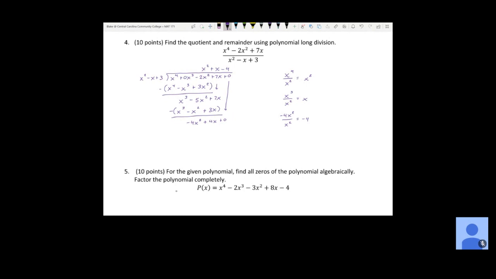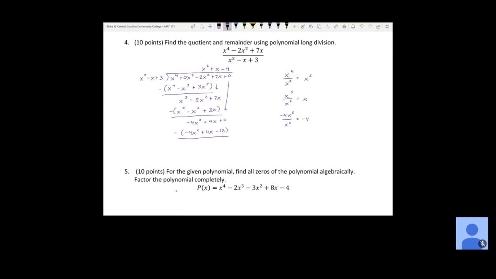Distribute. Negative 4 times x squared is negative 4x squared. Negative 4 times negative x is a positive 4x. And negative 4 times 3 is a negative 12. Then we subtract again. So our negative 4x squared minus negative 4x squared, that becomes addition and cancels.